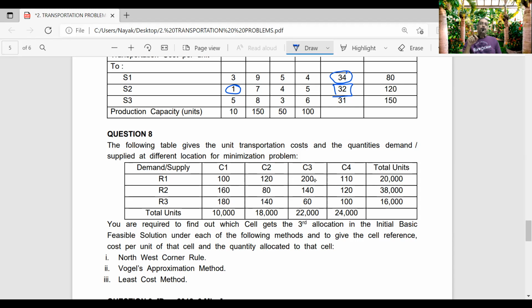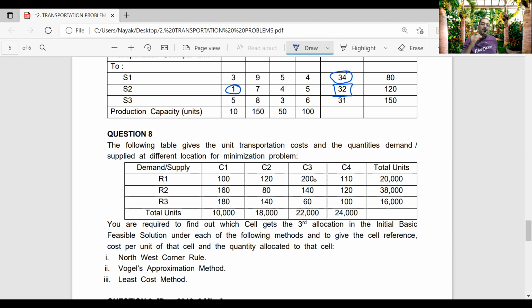So whichever cell is occupied in the third step is your answer. You have to refer to that cell by the cell name, give the cost per unit of that cell and the quantity that is allocated to that cell, by the three methods: northwest corner, Vogel's approximation method and least cost method.